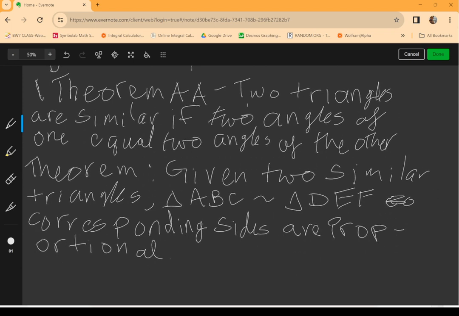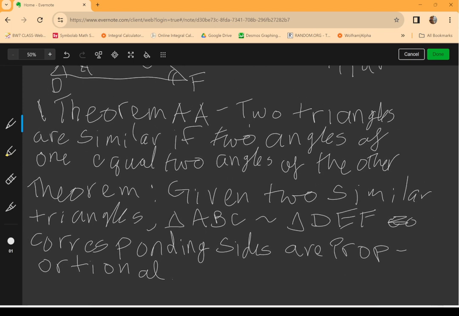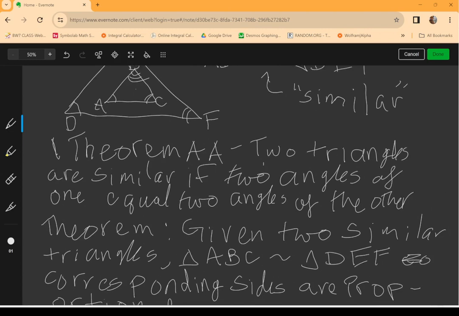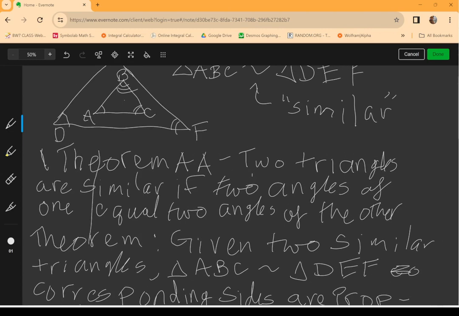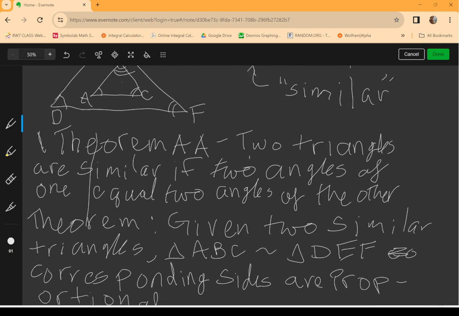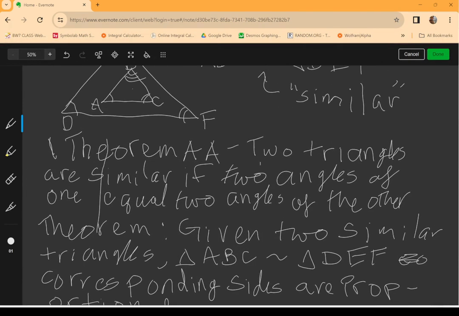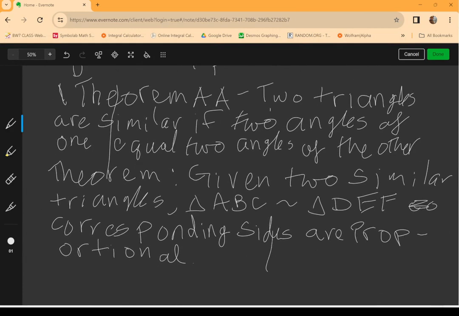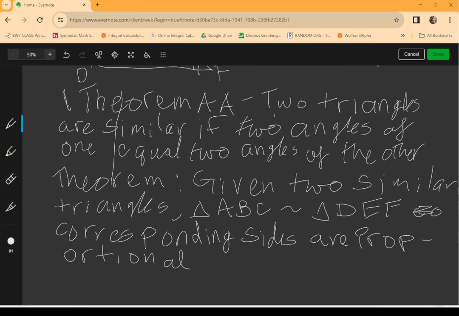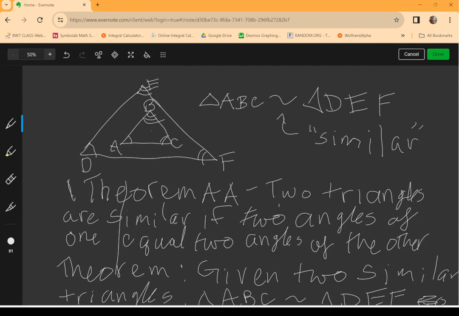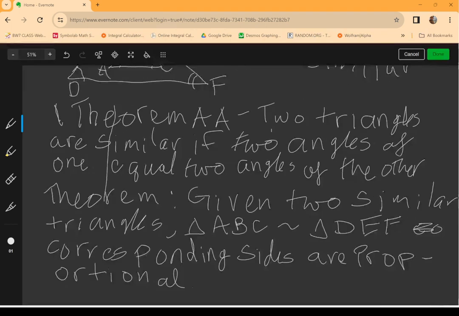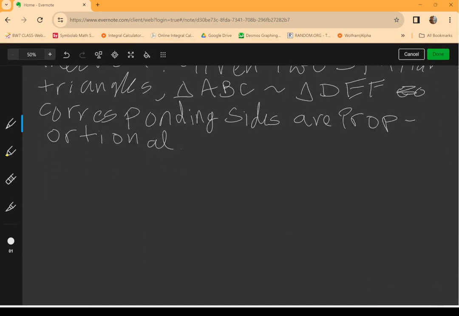So what that means is, looking at these two triangles here, the corresponding sides AB and DE are in the same proportion as the other corresponding sides.